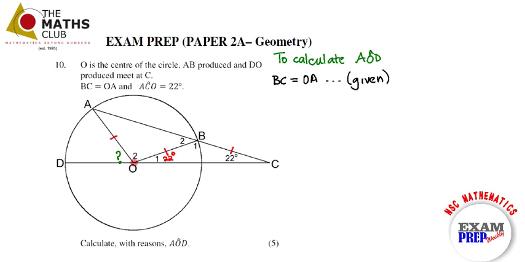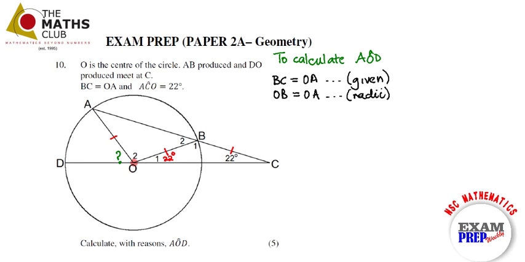And then I came with the idea that OB is also equal to OA. And the reason for that is that they are radii.